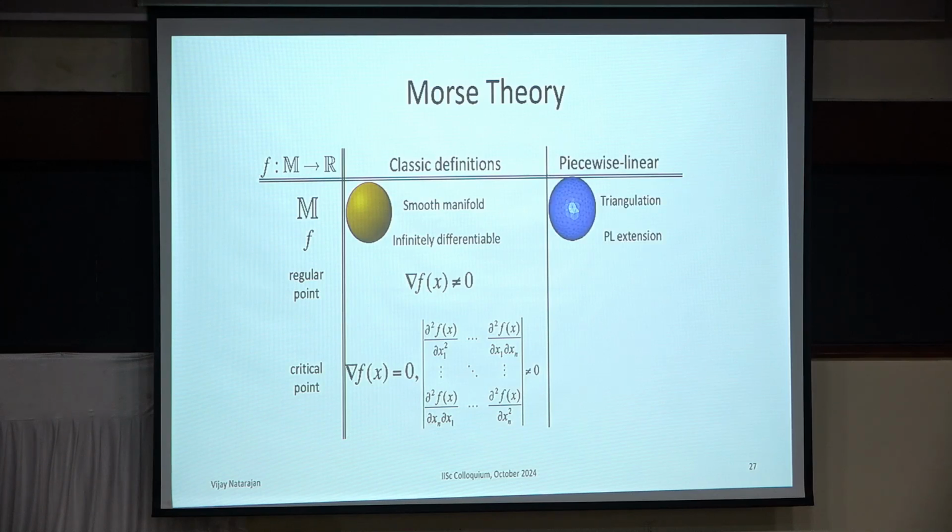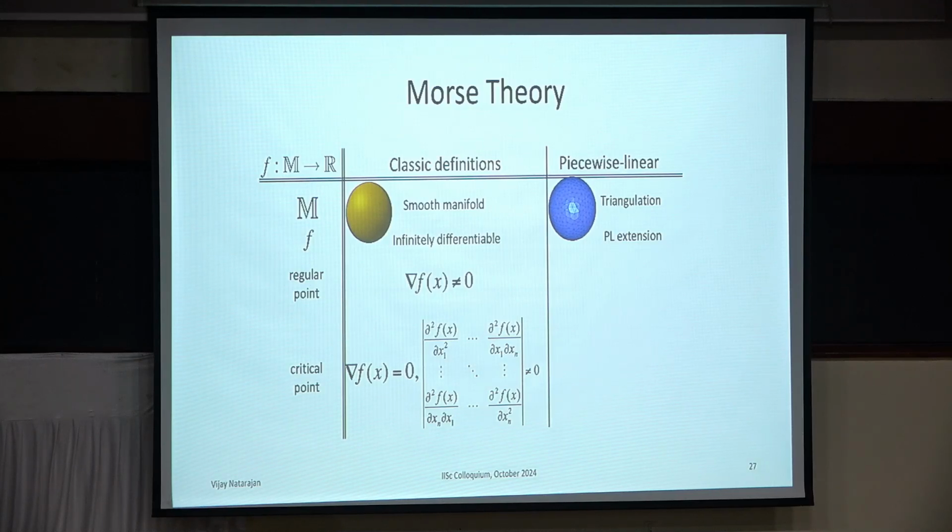However, in practice, we do not have smooth functions. We have functions sampled over the domain, and the domain is often represented as a sample, for example, using a triangulation, right? A piecewise linear approximation of a smooth surface.